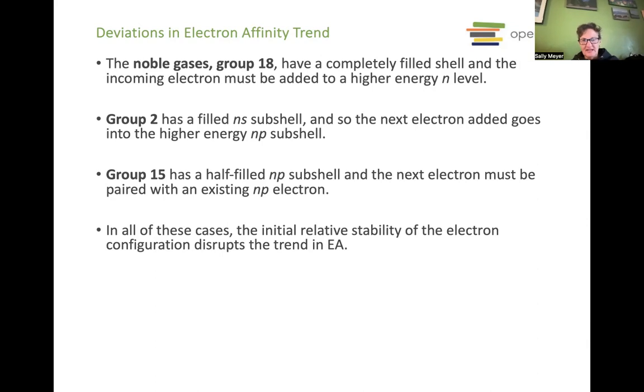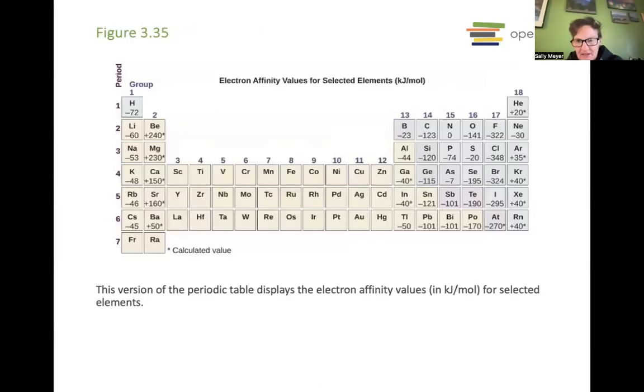And group 15 has a half-filled p subshell, and the next electron must be paired up with another electron. So that's what I was just talking about. So in all of these cases, the initial relative stability of the electron configuration disrupts the trend in the electron affinity. So if we look at this, it gives us the electron affinities.